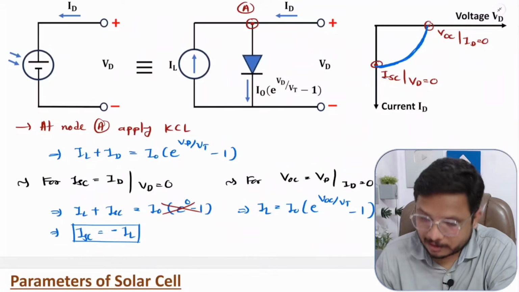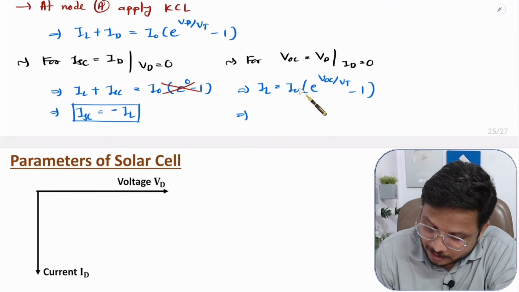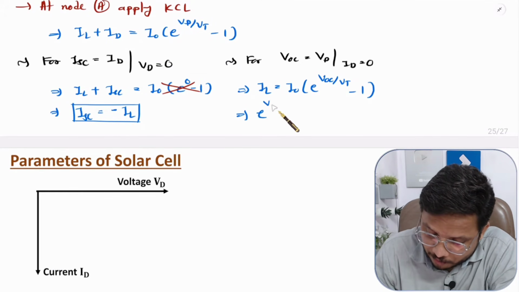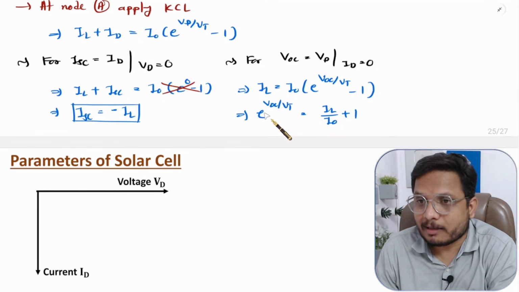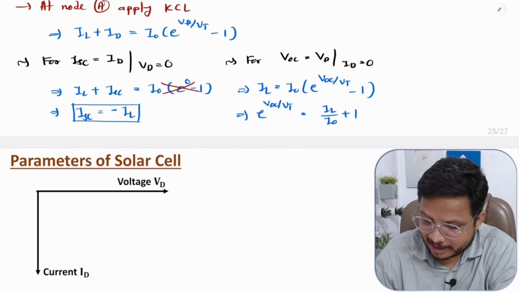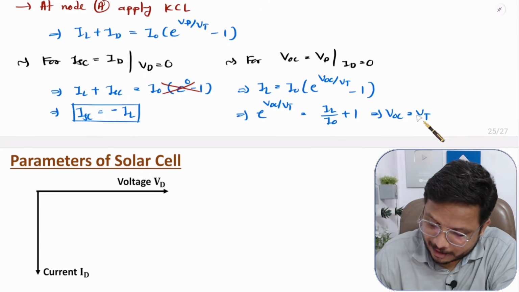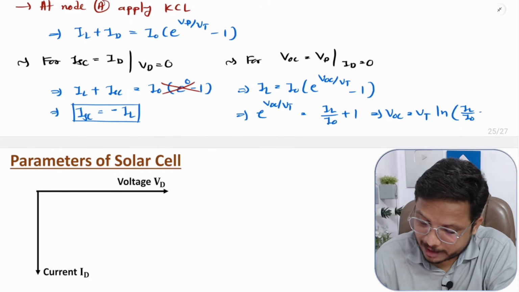Now just simplify this. Take this in the denominator and this 1 will go to the other side, so it will be plus 1. So e to the power VOC by VT is equal to IL by I naught plus 1. And if you take the natural log on both sides, then VOC is equal to VT ln of IL by I naught plus 1.